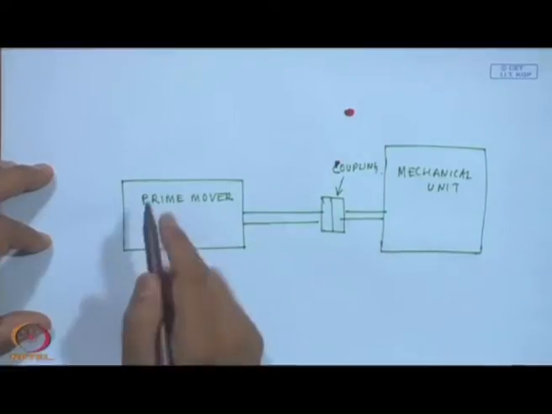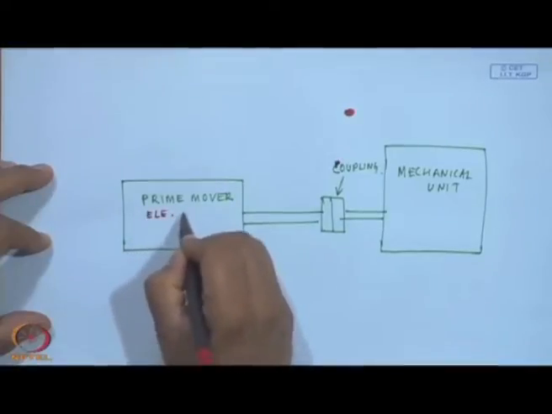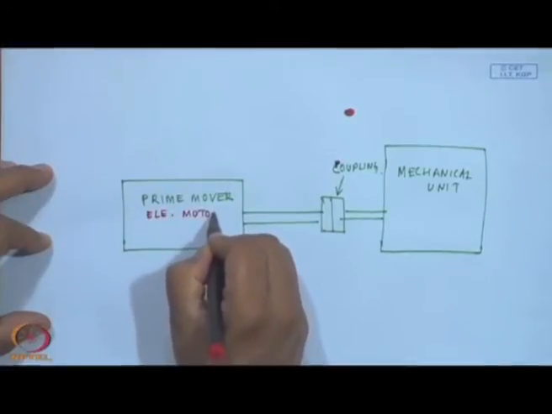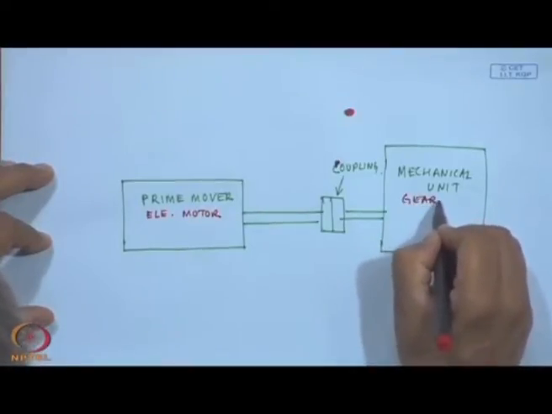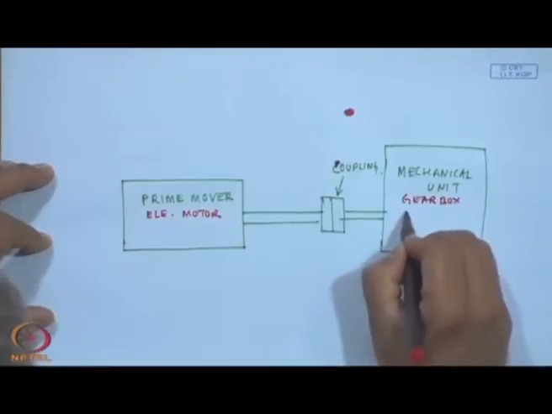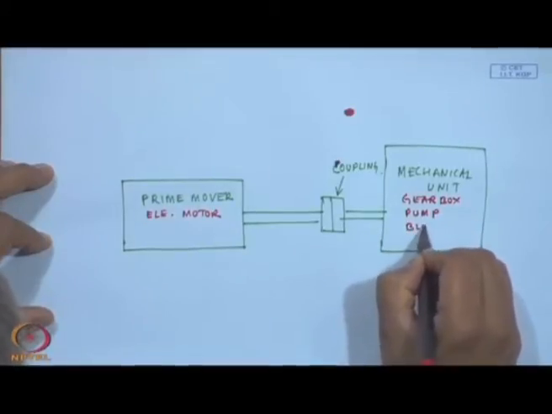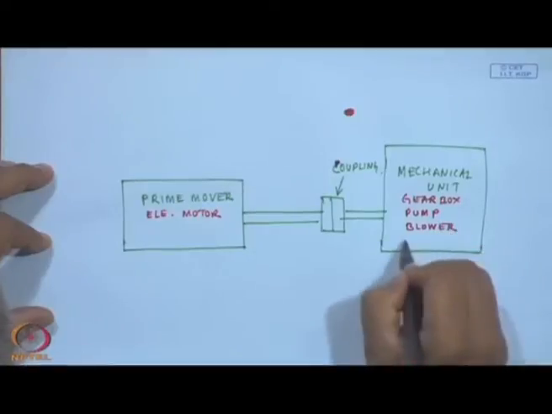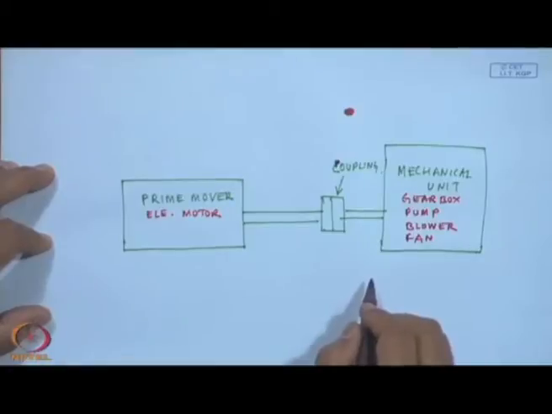This prime mover could be an electric motor, this could be a gearbox, could be a pump, could be a blower, could be a fan usually. Okay.